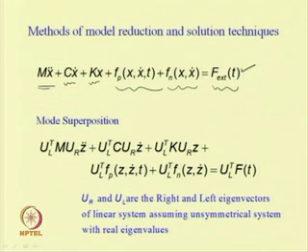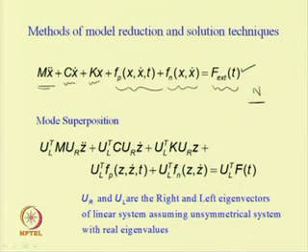So this equation can be of n cross n, where n can take any dimension. In this n dimensional equation, the mass matrix, stiffness matrix and damping matrix are of n cross n size, and these are vectors of n cross 1.